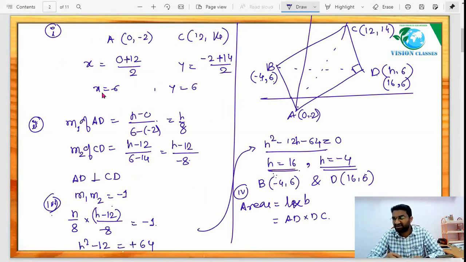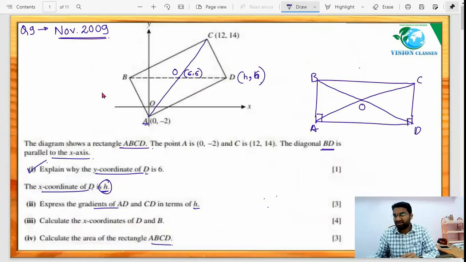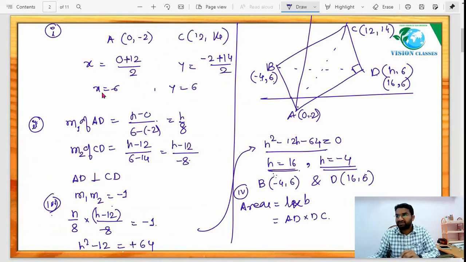Firstly we found the y coordinate of D, then we considered the x coordinate of D and B as h. We expressed the gradient of AD and CD, and as we know that if two lines are perpendicular, m1 times m2 is equal to -1.